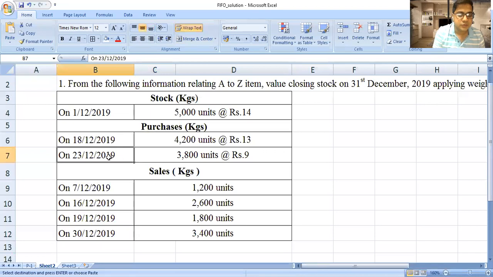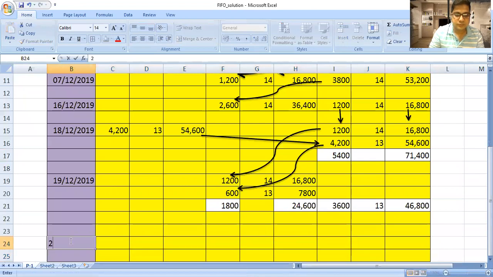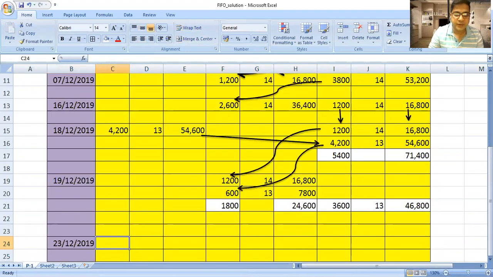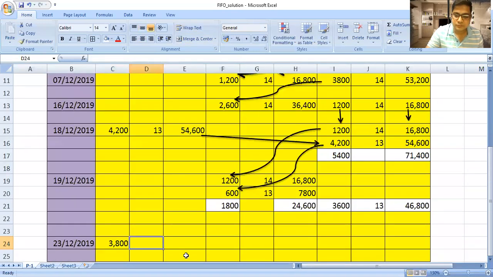On 23rd December, they purchased 3,800 units at the rate of rupees 9. So we will write here 23rd December 2019. In the purchase column, we write the units 3,800, and their rate per unit is rupees 9.